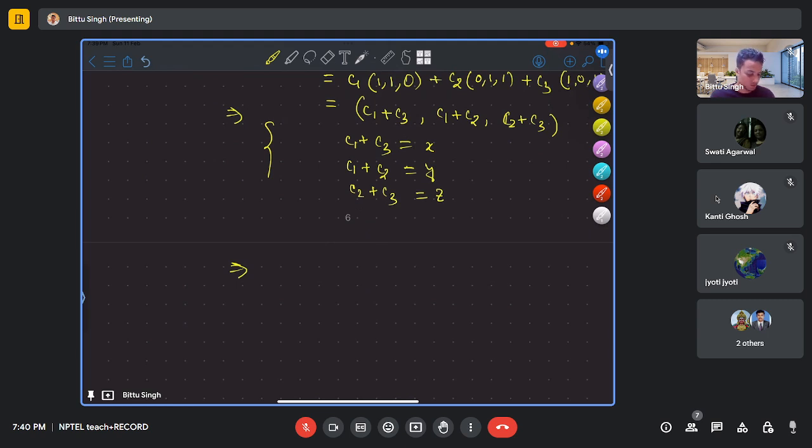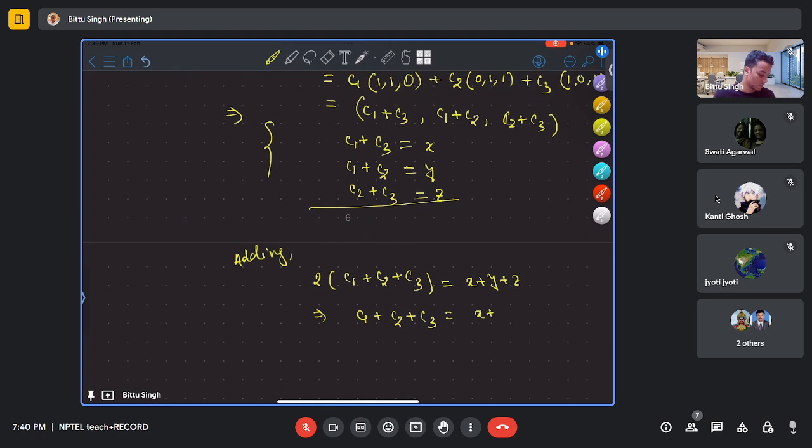Adding those three equations, we get 2 times (C1 plus C2 plus C3) equals x plus y plus z. This means C1 plus C2 plus C3 equals (x plus y plus z) by 2.